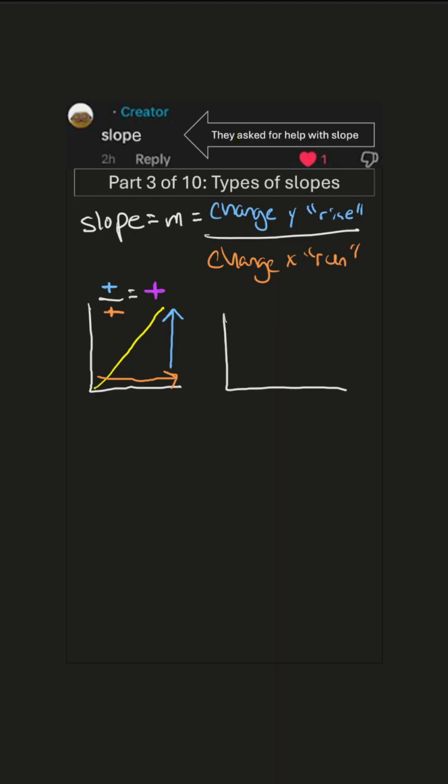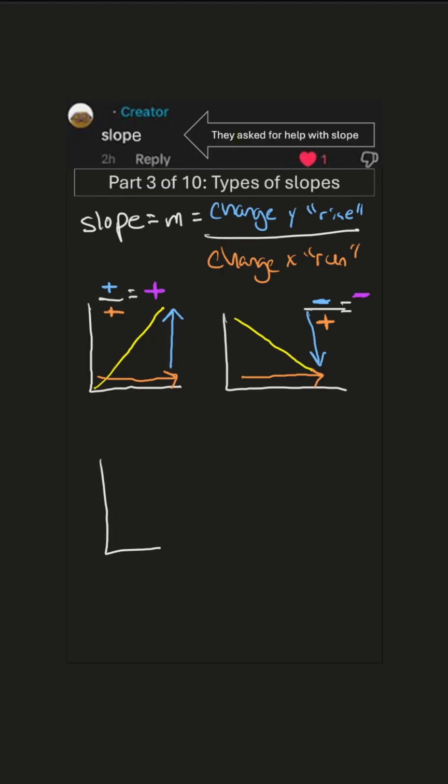How about this one? When it goes down like this, the run increases and the rise decreases. So we have negative rise over positive run, and that equals a negative slope.